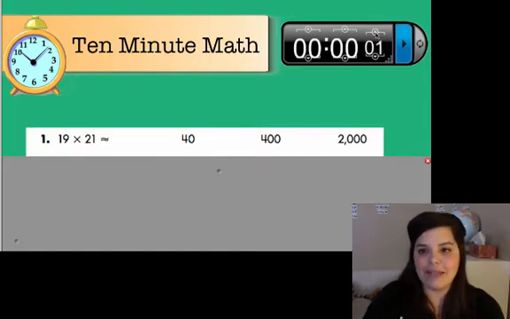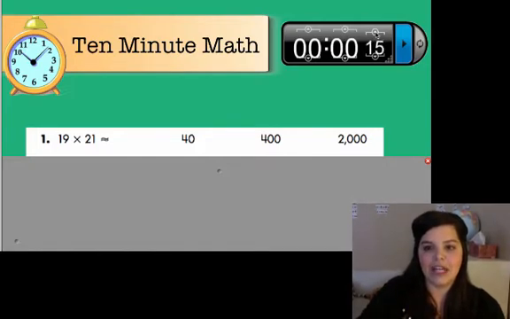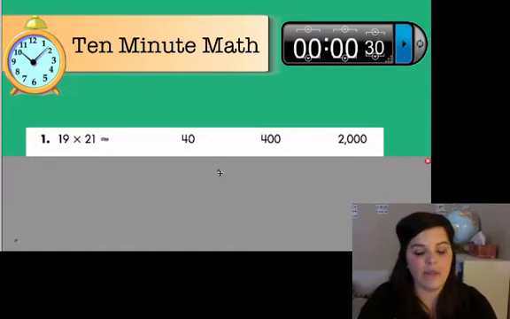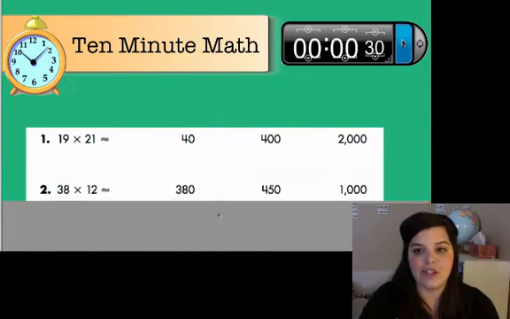Let's try it again. Let me set my timer again for the 30 seconds. And I want you to keep those strategies in mind. Now, there's more than one correct answer, so just because I changed my numbers that way, that doesn't mean that's the only correct answer. Let's see what you can do with this one.